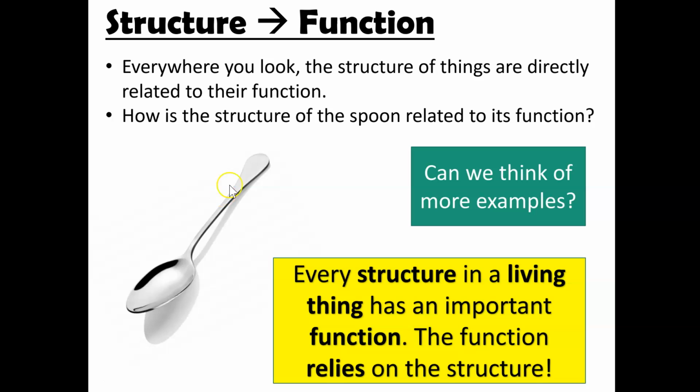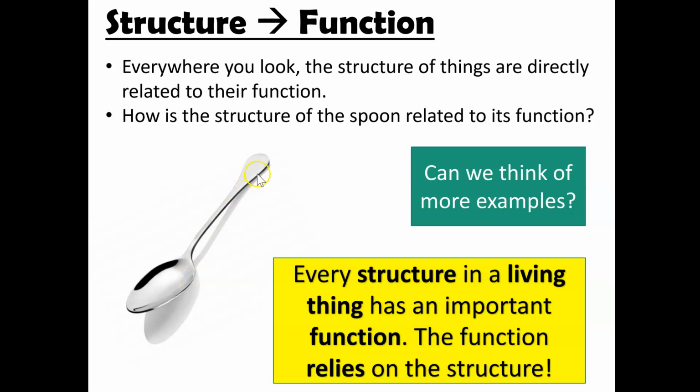It has a long handle and an oval shaped depression here, and it is designed so that you can hold it with your fingers and with one hand, and put a small portion of food from another container, a bowl, a plate, into your mouth.